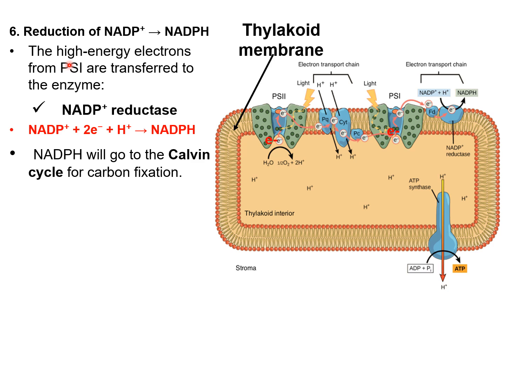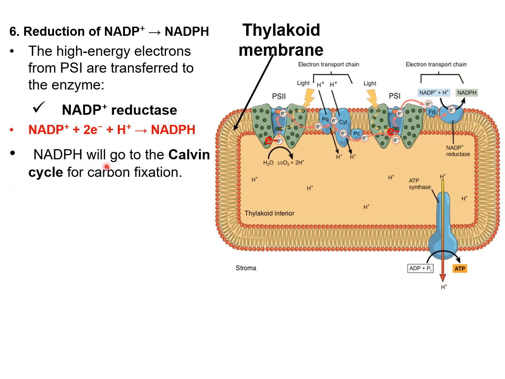Here, the high energy electrons from photosystem 1 are transferred to the enzyme NADP+ reductase. When electron from photosystem 1 is excited, it can transfer to the enzyme NADP+ reductase, and by using this electron, it produces a reduced form of NADP+, which is NADPH.